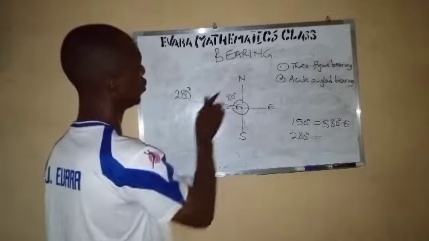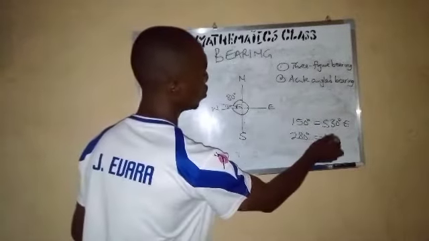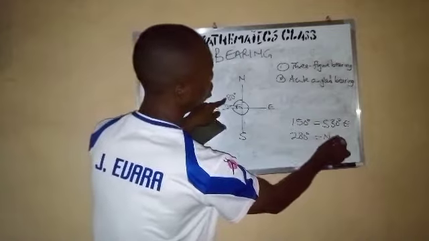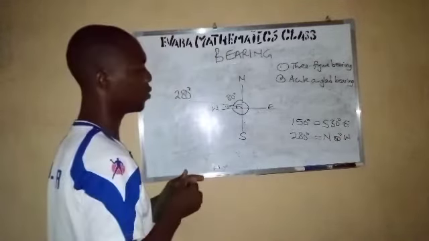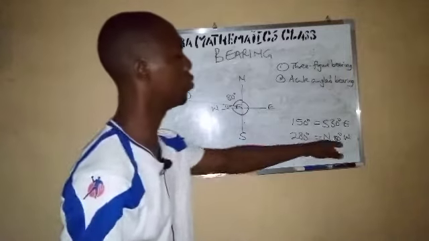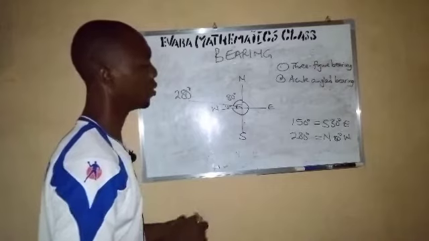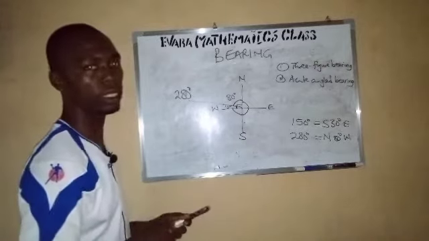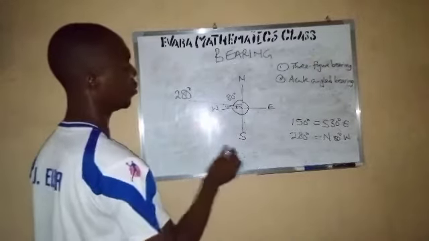So that means this 280 degrees is the same thing as north 80 degrees west. That is the implication. So these two angles now are the same. This is how to present a three-figure bearing in acute-angled form. Let's take one more example.